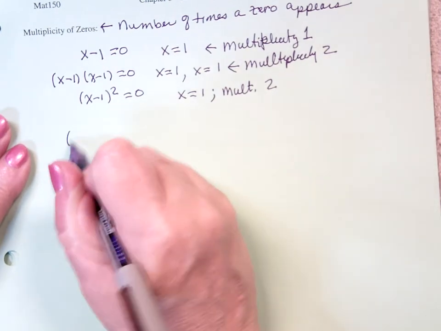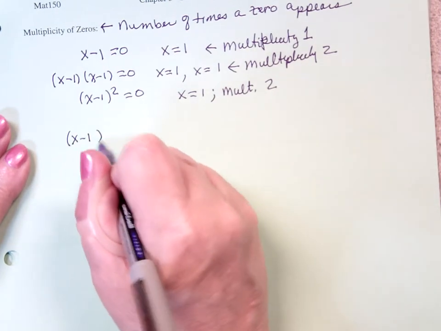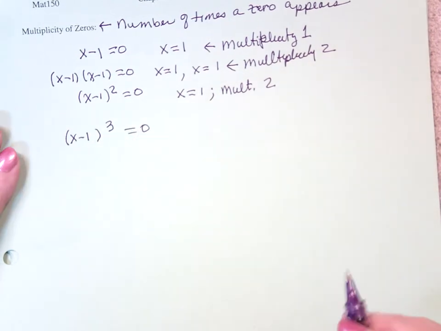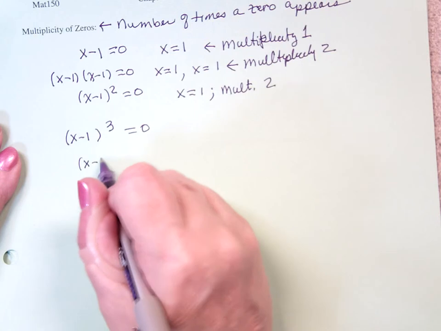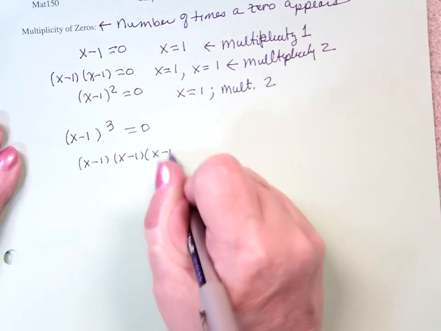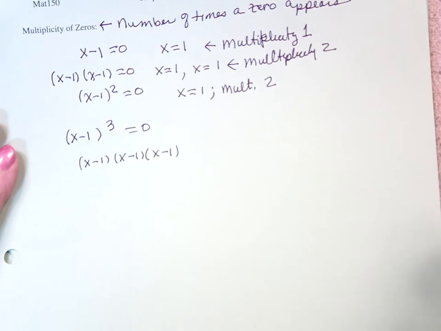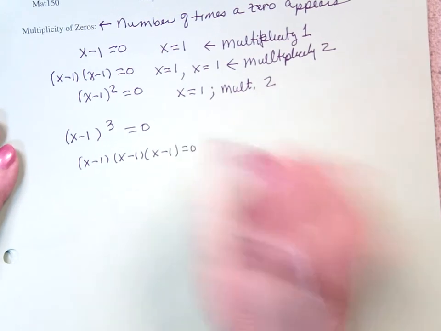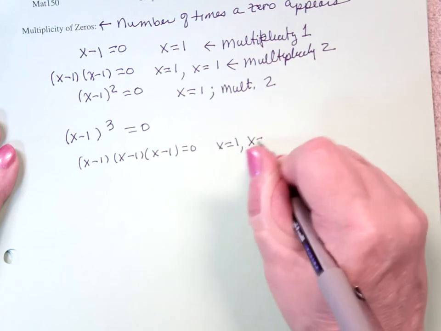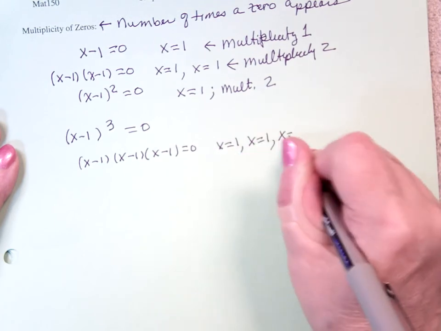If I had x minus 1 cubed equals 0, this would be x minus 1 times x minus 1 times x minus 1. It's x minus 1 times itself 3 times equals 0. Or x equal 1, x equal 1, x equal 1.